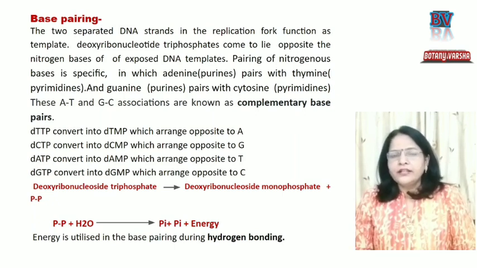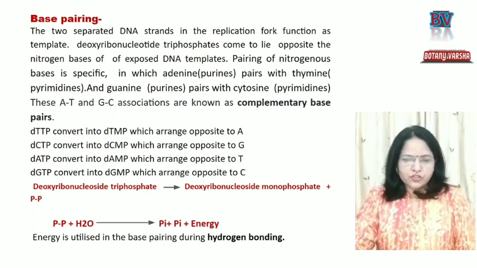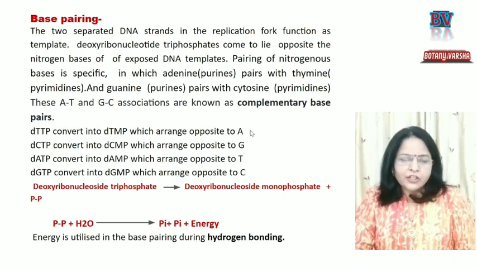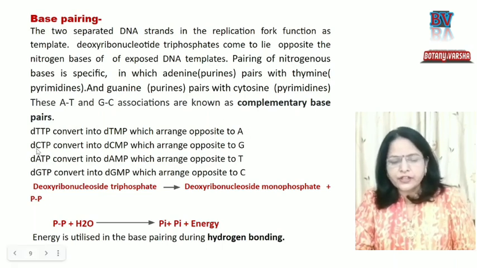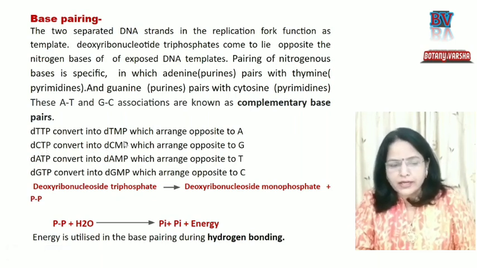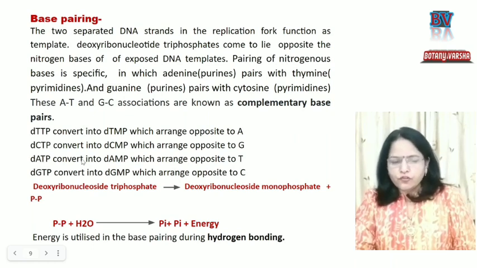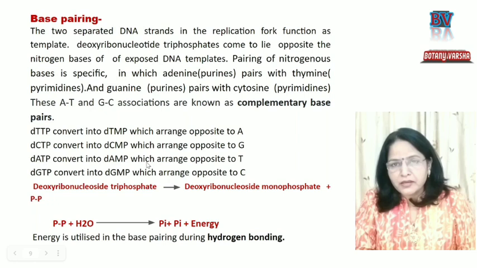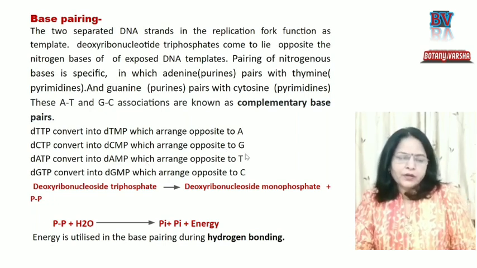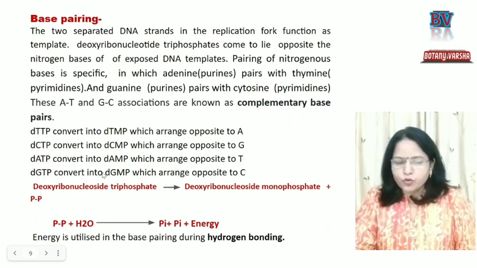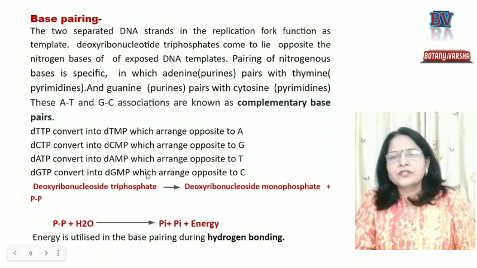In this, deoxythymidine triphosphate converts into deoxythymidine monophosphate, which is arranged opposite to adenine, and deoxycytidine triphosphate converts into deoxycytidine monophosphate, which is arranged opposite to guanine. Deoxyadenine triphosphate converts into deoxyadenine monophosphate, which is arranged opposite to thymine, and deoxyguanosine triphosphate converts into deoxyguanosine monophosphate, which is arranged opposite to cytosine.